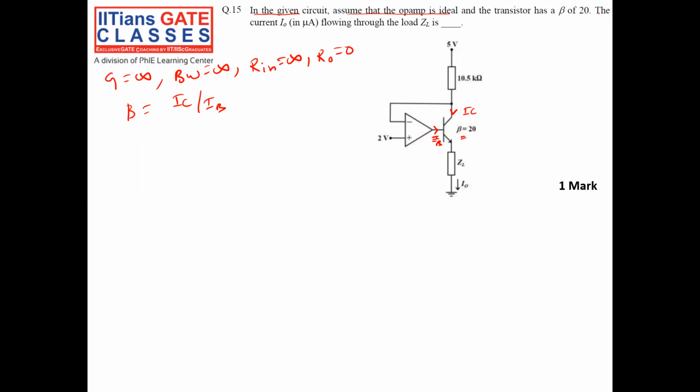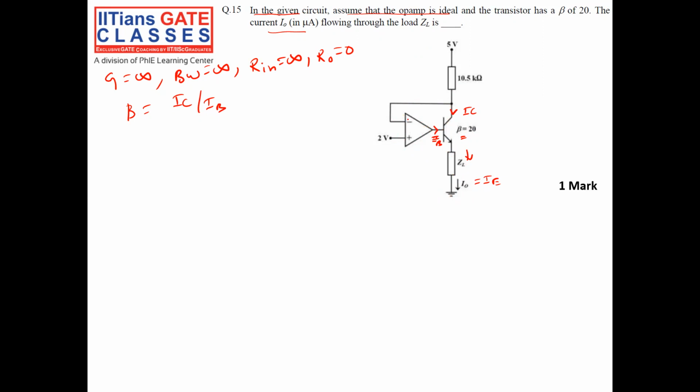It is asking for the current I0 flowing through the ZL. I0 is nothing but the emitter current. The current flowing through the emitter is nothing but I0. The first and foremost thing is that we can see the op-amp is operating in negative feedback, since some part of the output is getting fed back to the negative terminal.